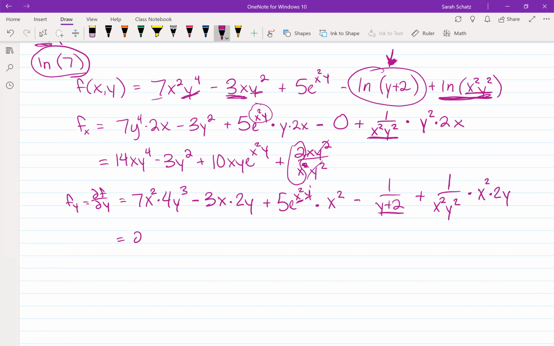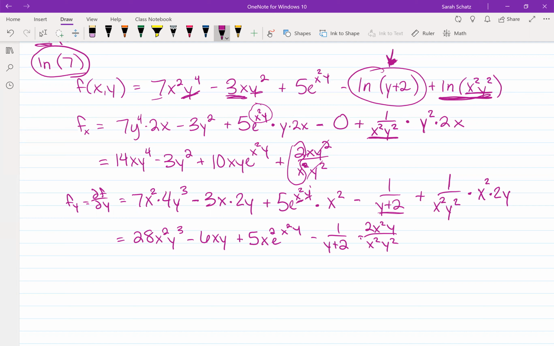We're going to get 28x squared y cubed minus 6xy plus, let's call this 5x squared e to the x squared y minus 1 over y plus 2 plus, let's call this 2x squared y over x squared y squared.